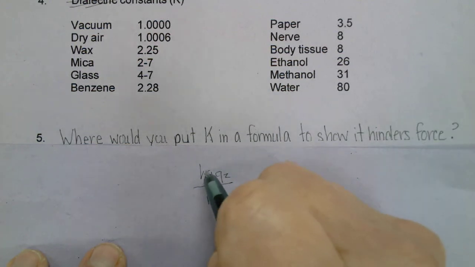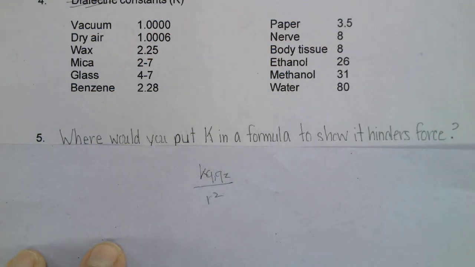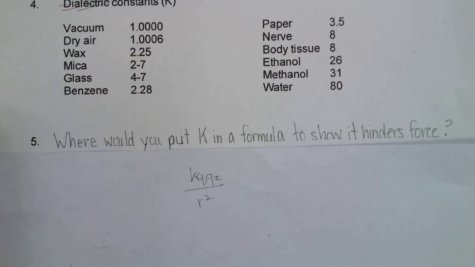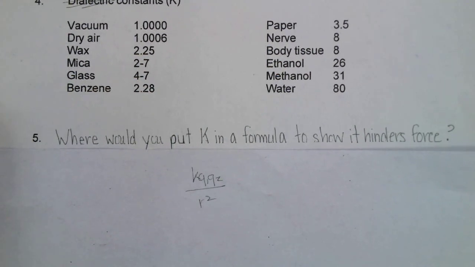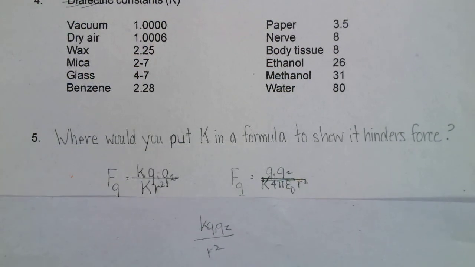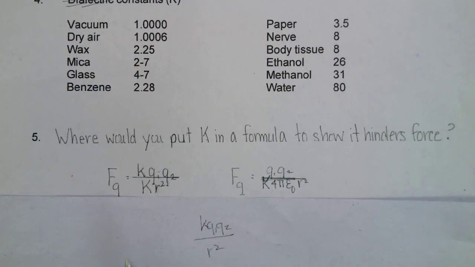I know that's very unfortunate. Where am I going to put the capital K to indicate that it's a hindering force and not a beneficial force? Think about that for a moment. Where would you put it? Okay, you're going to want to have it in the denominator, because the bigger that is in the denominator, the smaller my force is, which is exactly what happens.